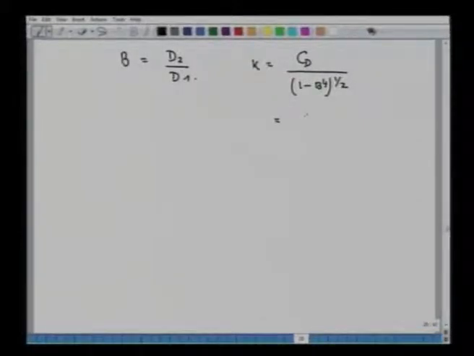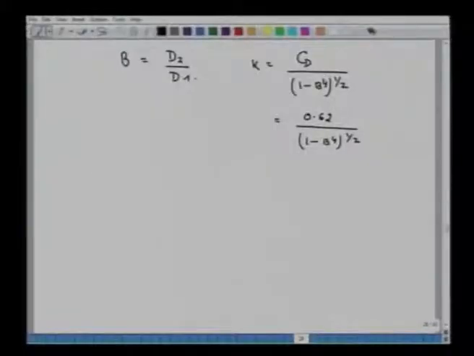So K will simply become equal to 0.62 upon the square root of 1 minus B to the power 4. Now we can substitute all the variables. I calculate A0, that will be equal to 0.0753 upon the square root of 1 minus B4. Now we have to solve it, so we can square.